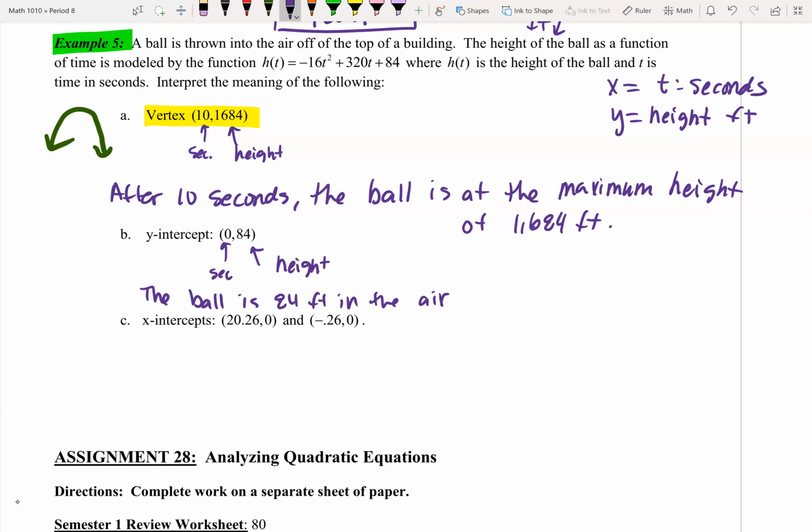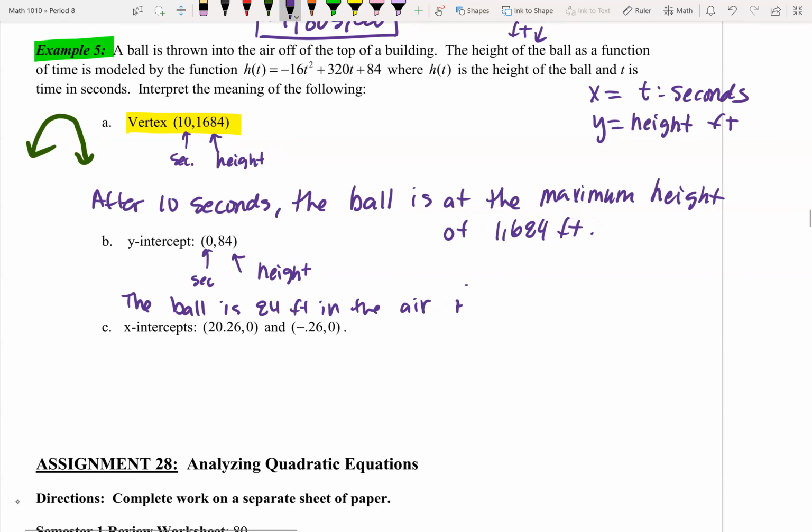You could finish it with one word, actually. Or better, the ball is initially 84 feet in the air. Or the ball is 84 feet in the air when it's thrown off of the building. Something like that.